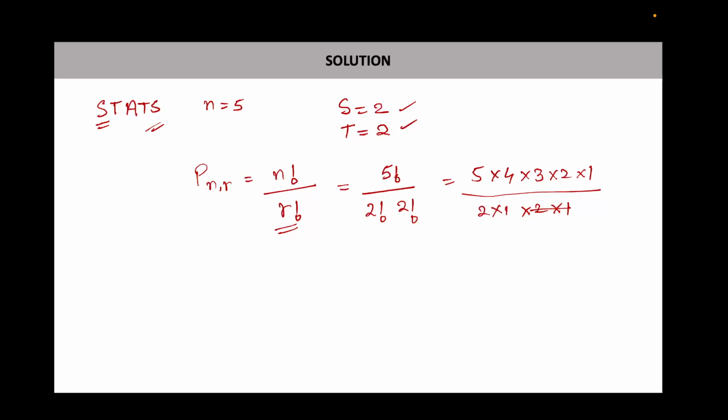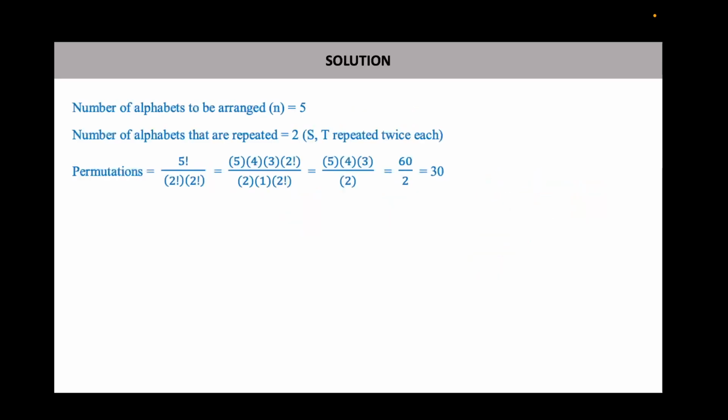This 2 into 1 will get cancelled, and you can calculate this as 60 by 2, which is simply 30. So the answer to this question is 30. I'm leaving the answer on your screen for you to understand.